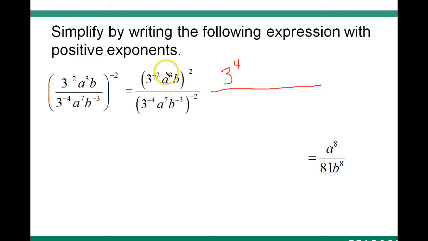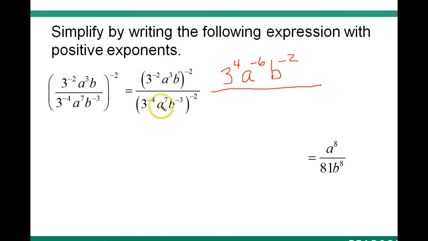So we're just using the rule of raising a power to a power, which we multiply. This then becomes a to the negative 6. This becomes b, remember there's a 1 there, to the negative 2.